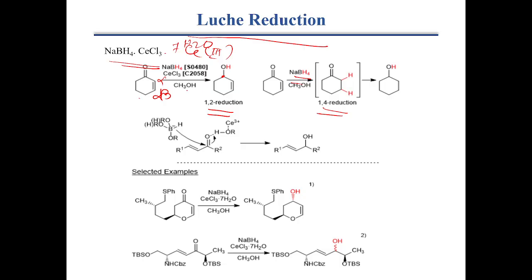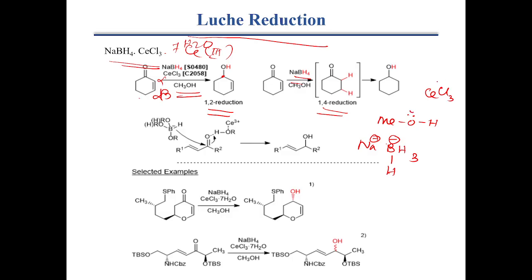So in Luche we use methanol or ethanol as a solvent. So what happens is, in the presence of methanol, sodium borohydride, and cerium chloride, oxygen has a lone pair.